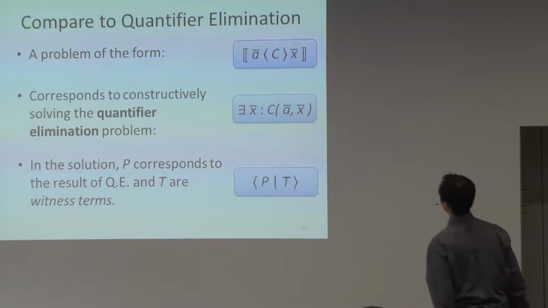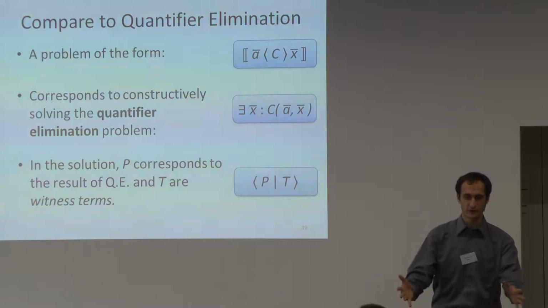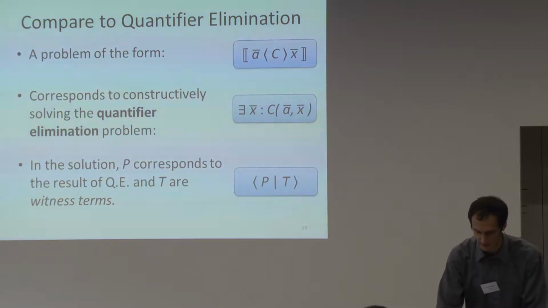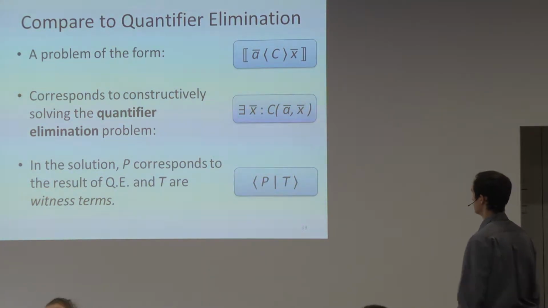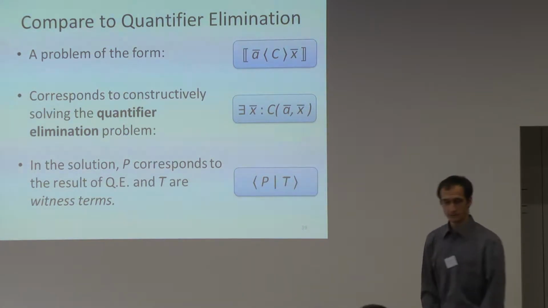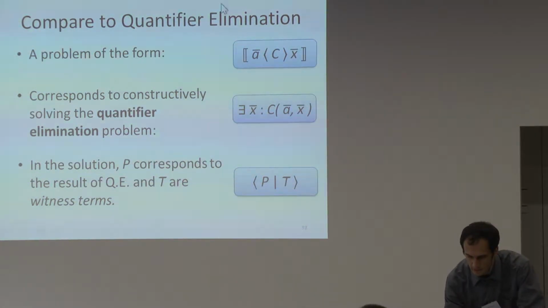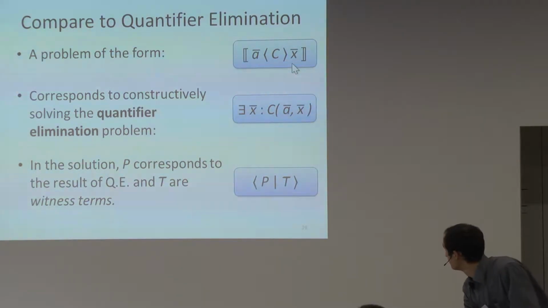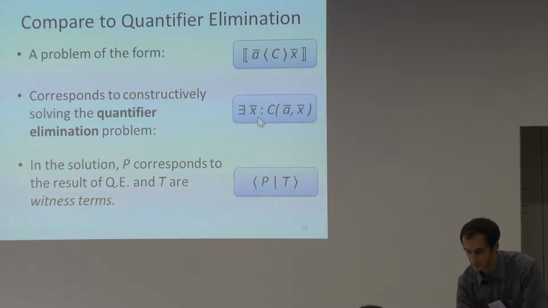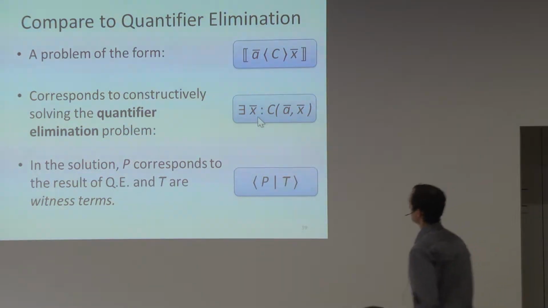And really, this generalizes quantifier elimination. You could even go so far as to say this is quantifier elimination, but a very particular constructive version of it. Because this problem, where you're given some parameters and you are trying to construct outputs denoted by X, corresponds to or subsumes the quantifier elimination problem.